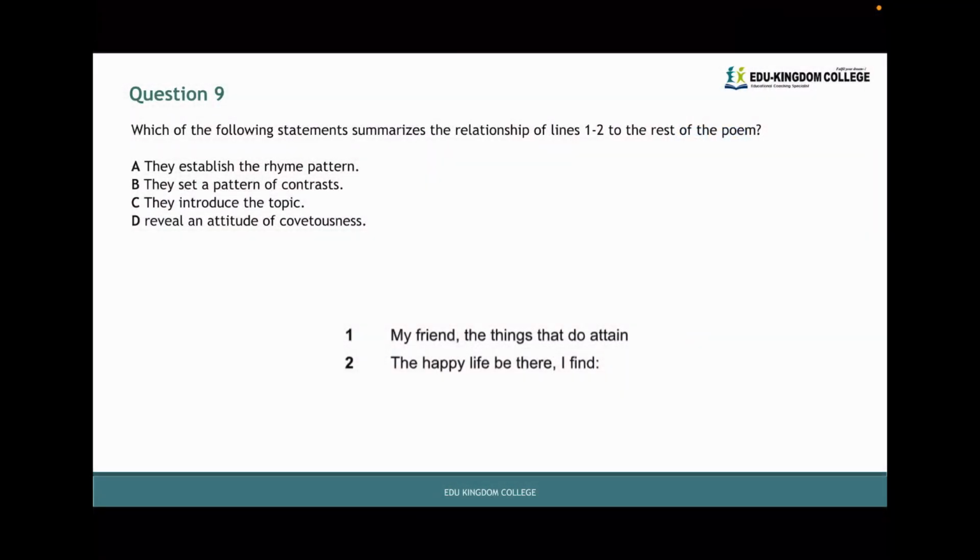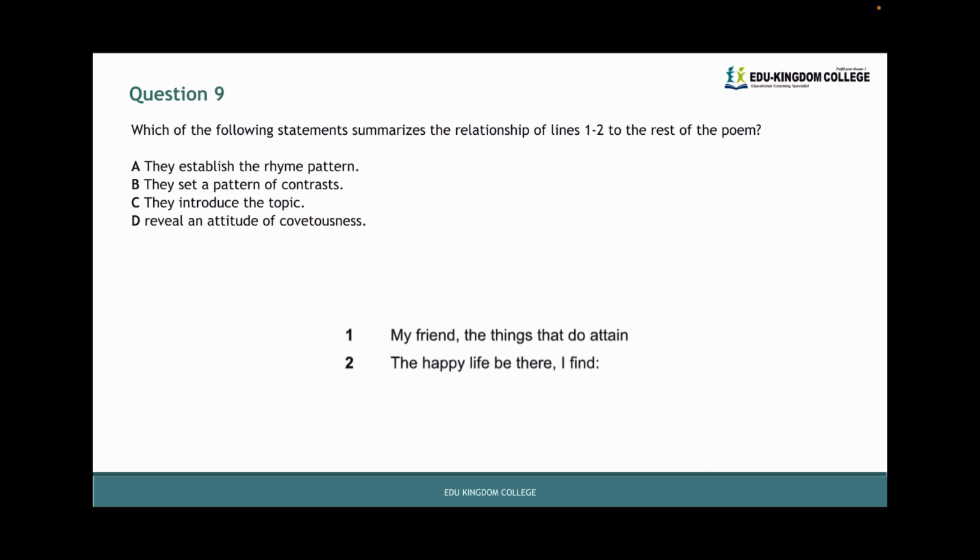Question 9 asks us, which of the following statements summarizes the relationship of lines 1 to 2 to the rest of the poem? So lines 1 to 2 is, my friends, the things that do attain, the happy life be there I find. So just looking at these two lines, it has an optimistic start.